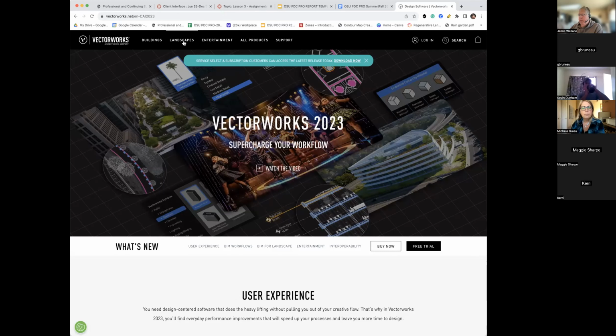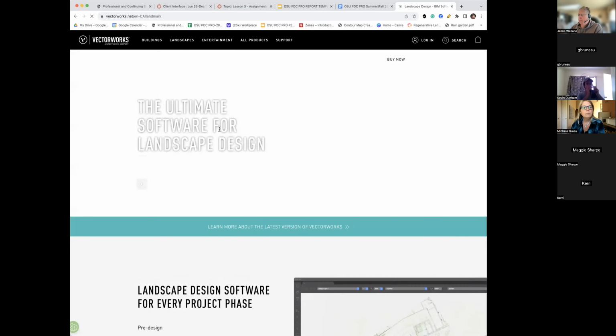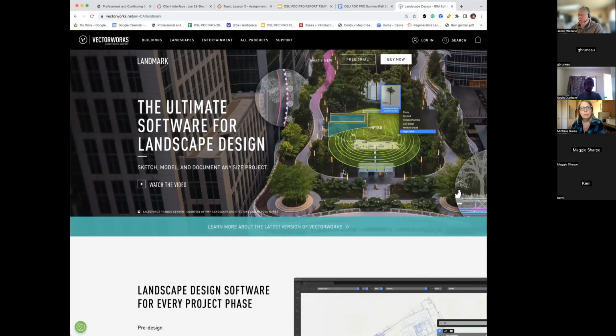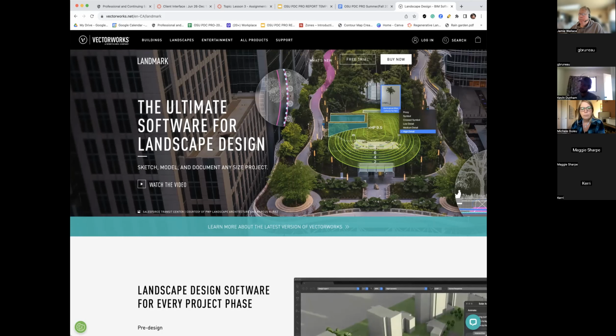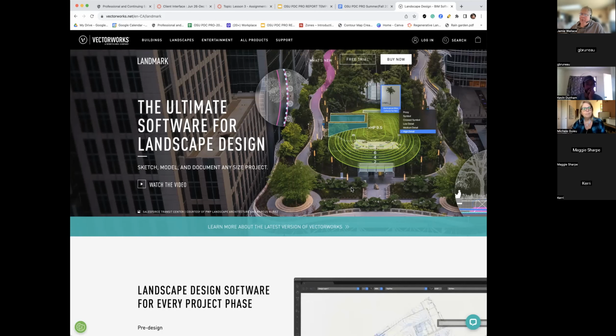They have a number of different modules, landscape being one of them. Now, I wouldn't necessarily recommend that you dive into this. The one thing is it's got a big learning curve to it.